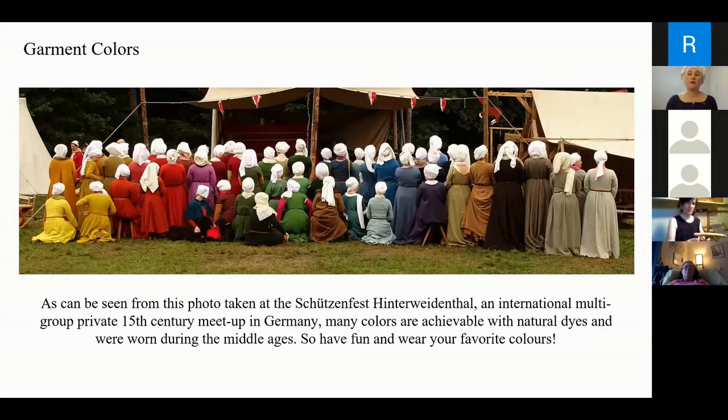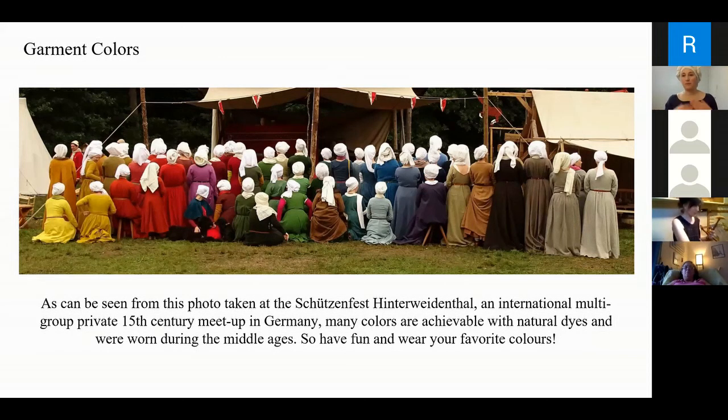So if you are buying new fabric to make yourself a garment that is for the lower class, consider buying a faded version of that shade versus the bright version of the shade. You could use dye remover and remove some color, but you'll damage the fabric in the process. So it's better to just buy a fabric dyed to the color that you want, even if it's that paler color.